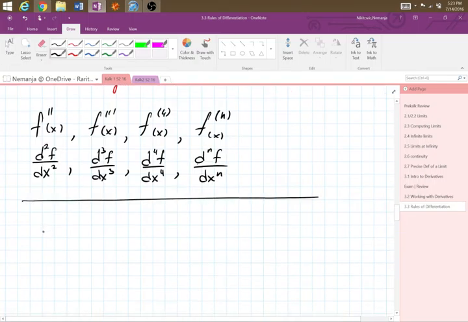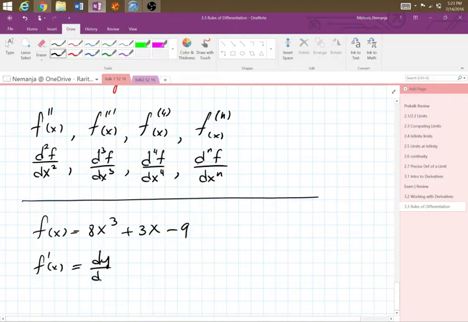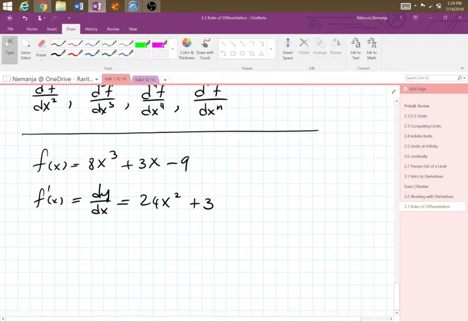If I start with f of x is equal to 8x cubed plus 3x minus 9. The first derivative, which is f prime of x, also noted as dy dx, let's say, would be 24x squared plus 3. The derivative of negative 9 is 0.